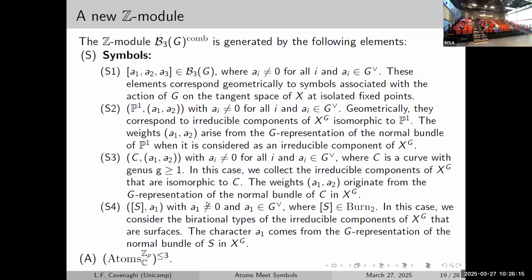But if you like to think, what you have to collect are the possible perfect complexes of points, curves, and surfaces appearing here, and that's what you're going to take. So you choose these generators, and now you have to start to impose relations to get some variational invariant properties.